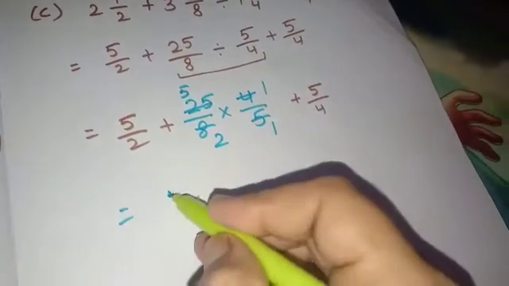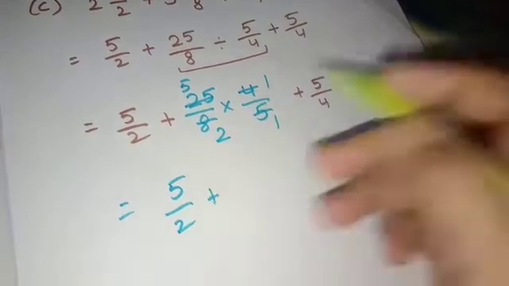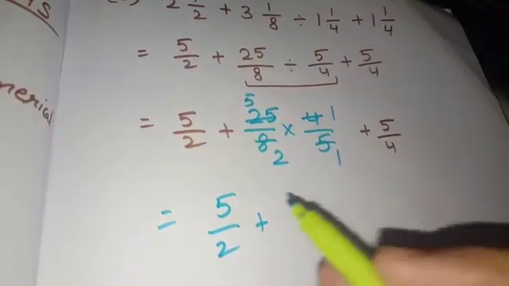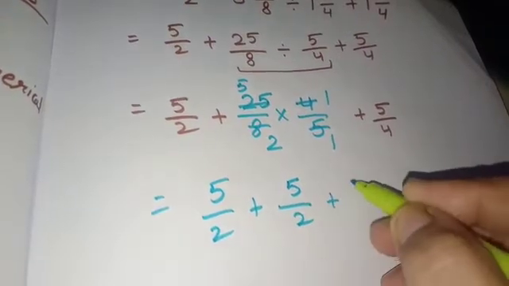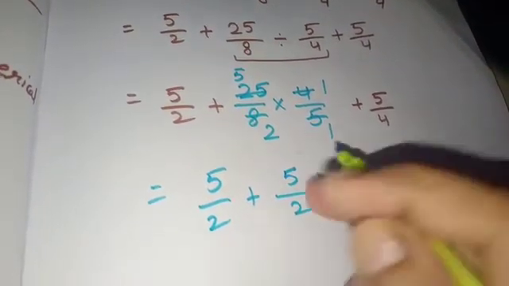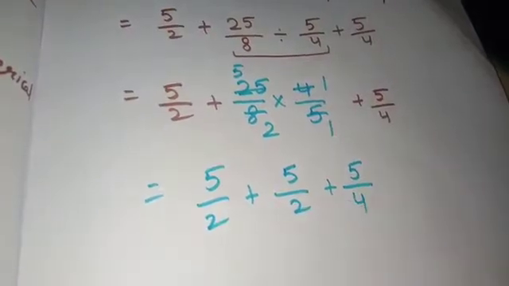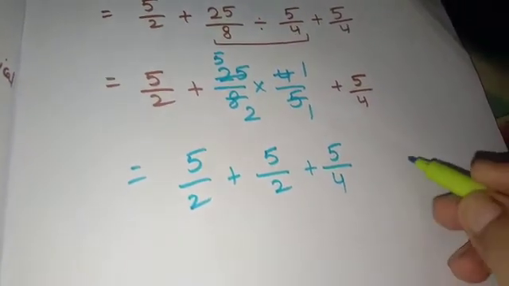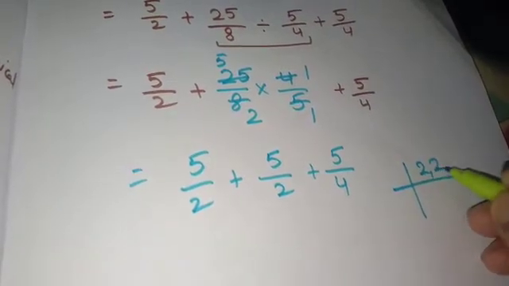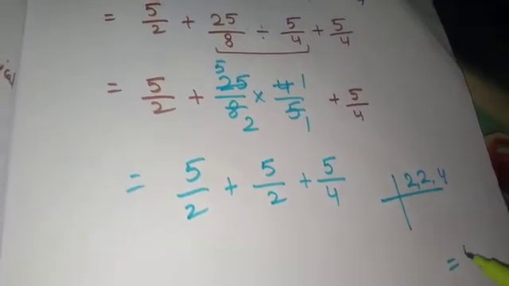Here 5 by 2 plus multiplication of these two fractions, 5 by 2 plus 5 by 4. Now as both the signs are of addition, so we will add collectively. How to do? When you take the LCM of 2, 4, it will be 4.